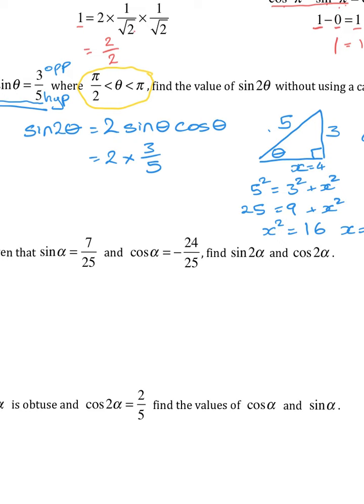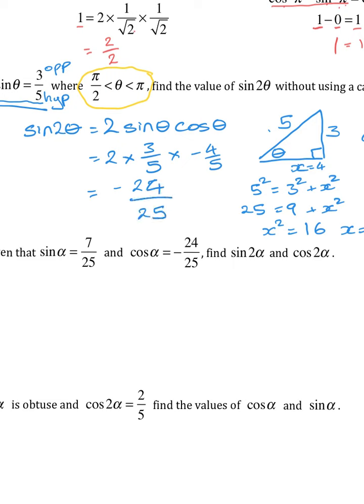So we're actually in this quadrant, and cos is negative in that quadrant. Therefore, cos theta is actually negative 4 on 5. So here we times it by negative 4 on 5. To do that, 2 3s are 6, 6 4s are 24, so negative 24 on 25.